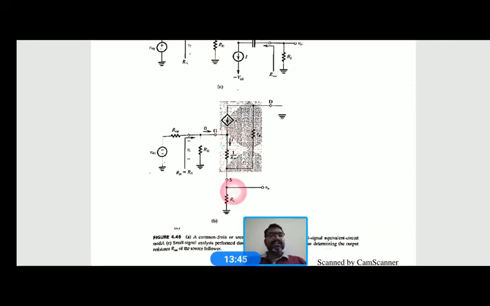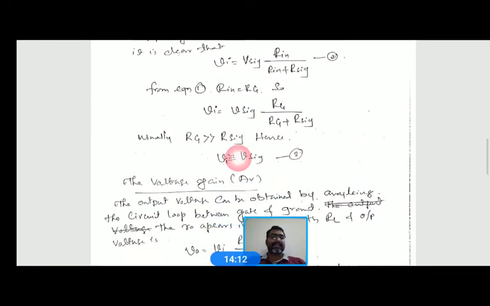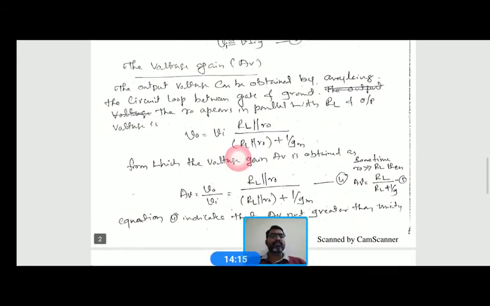So applying the voltage divide rule, it is clear that the output voltage, which is the drop across RL parallel R0, is equal to the total voltage applied here, Vi, into RL parallel R0 divided by the sum of RL parallel R0 plus 1 by Gm. Right, you can see that clearly in the circuit. So therefore we can say that the output voltage V0 is equal to Vi times RL parallel R0 divided by RL parallel R0 plus 1 by Gm.